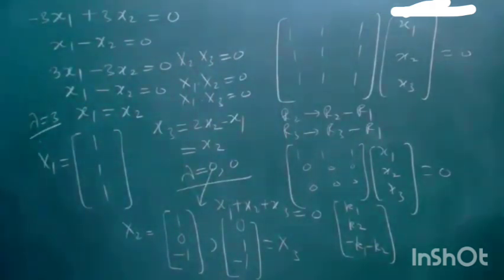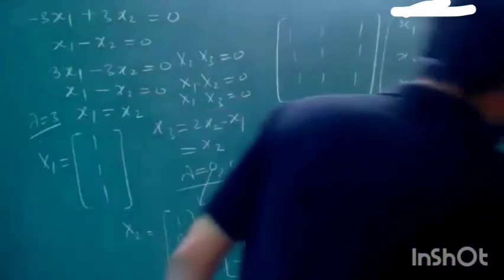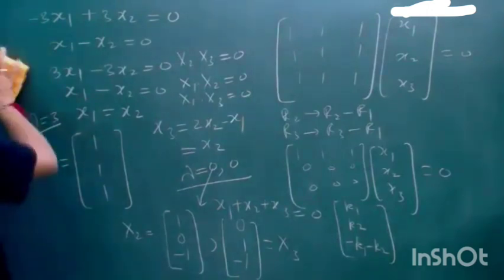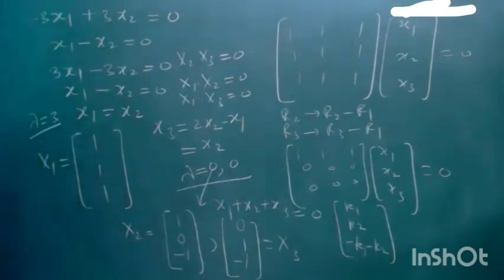So these are eigenvalues and eigenvectors, correct? If there is any doubt, you can ask. These questions are just based on your previous year questions. So I can erase this, or anybody wants to ask anything?